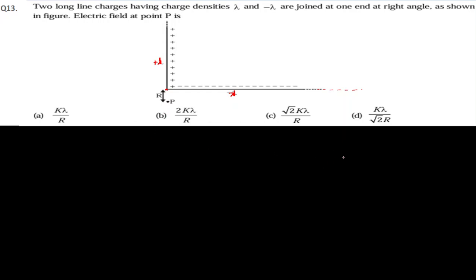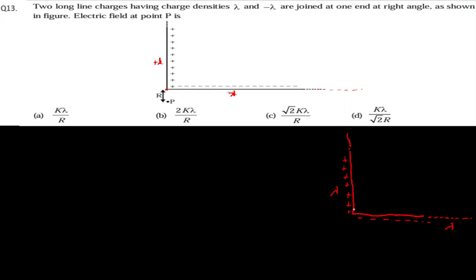So let me redraw this figure here. This part is a semi-infinite part, and this other part is also a semi-infinite part. This part is carrying charge per unit length lambda, and this part is carrying charge per unit length minus lambda.